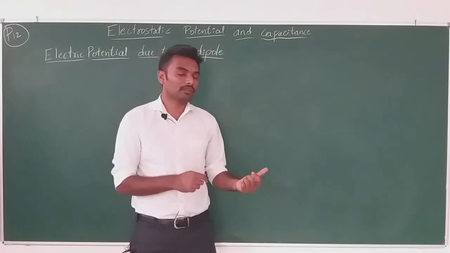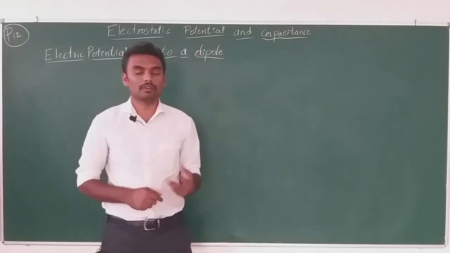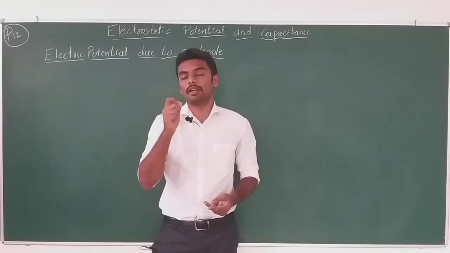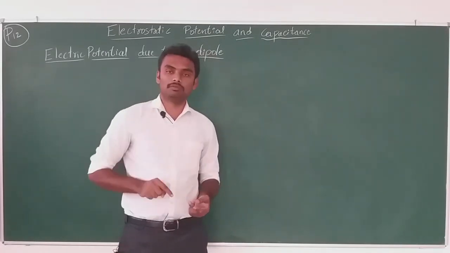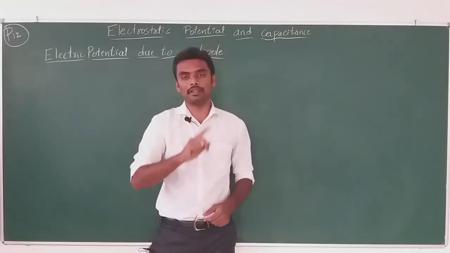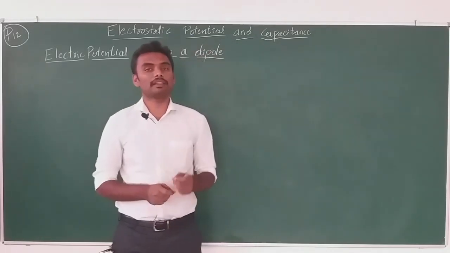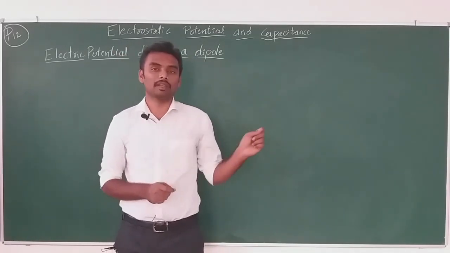And after that, we derived expressions for the electric field due to a dipole, not at some random point, but on two lines: one on the equatorial line of the dipole and the other on the axial line of the dipole.